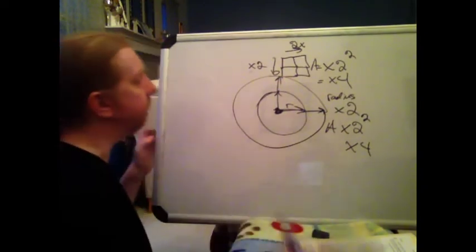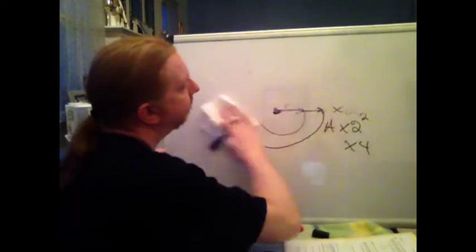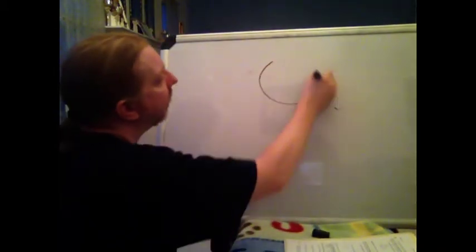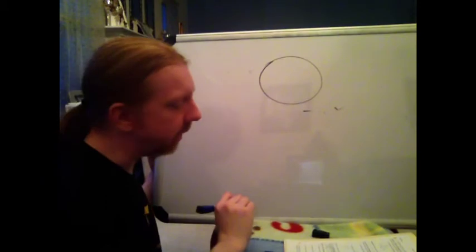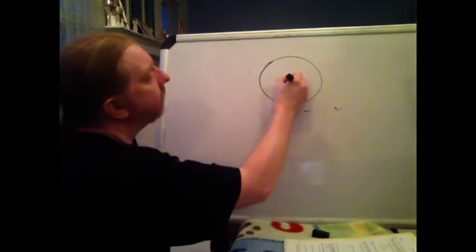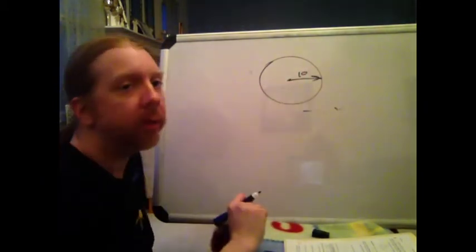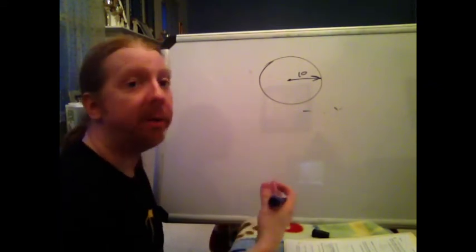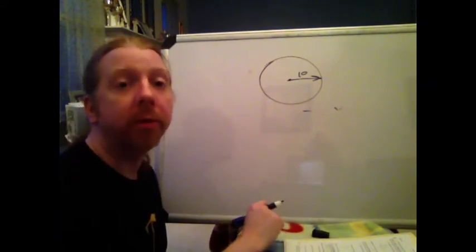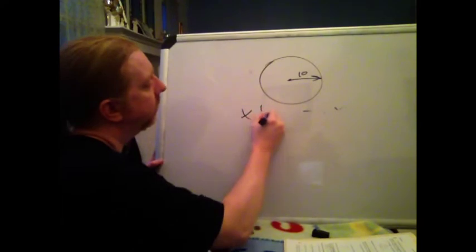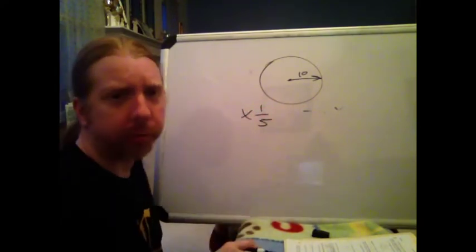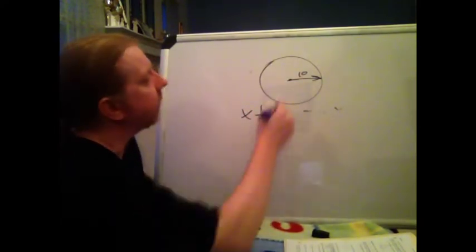As a concrete example, let's take another one. I have a circle here of some unknown radius. Actually, let's give it a number. That radius is 10. I'm going to now modify the radius by a factor of 1/5. Means I'm going to shrink it down to 1/5 of its original size.